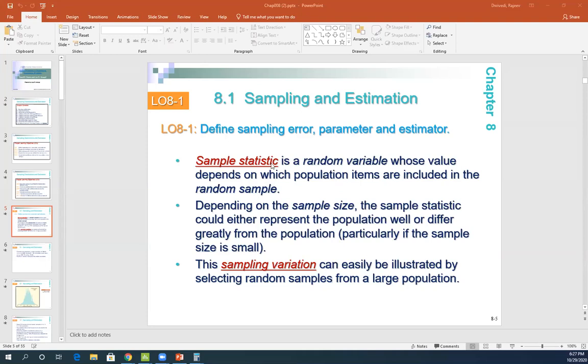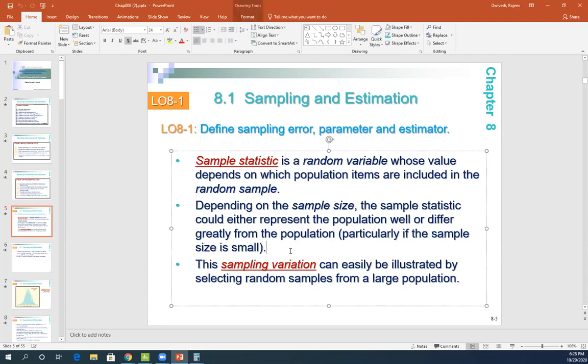A sample statistic is a random variable whose value depends on which population items are included in the random sample. Let's say I'm doing a study of Eastern Washington University. The sample depends on the items that I have taken from the Eastern Washington University students. The sample size also matters. Sample statistics could either represent the population well or could differ greatly from the population if the sample size is small.